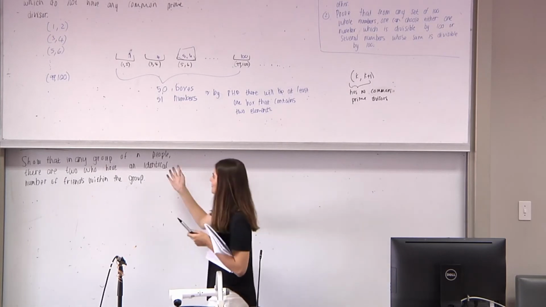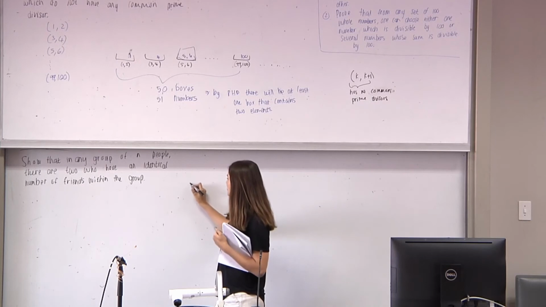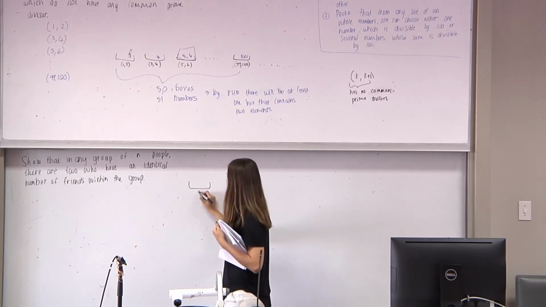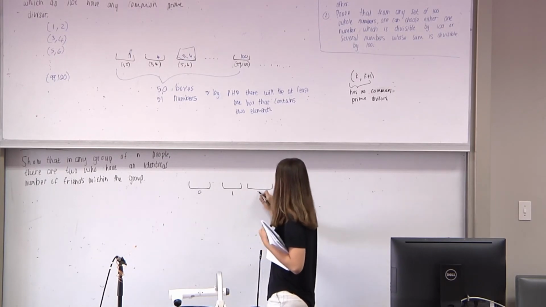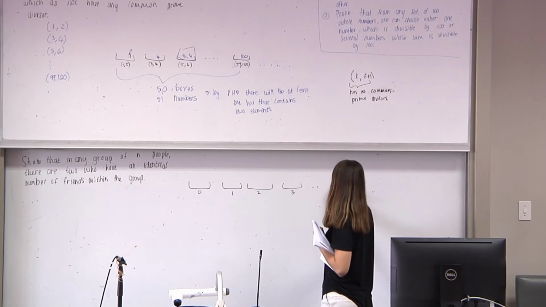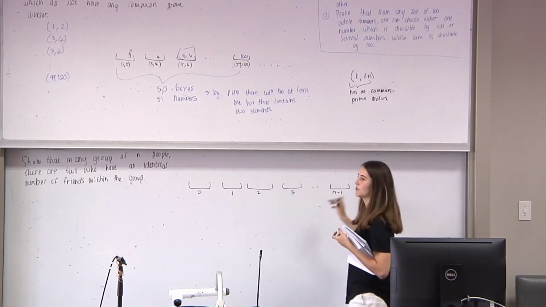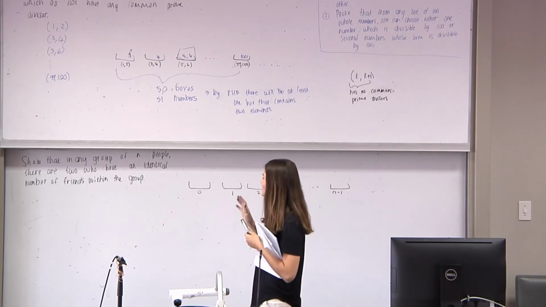Okay, so you can also have 0 friends. So the boxes I would naturally want to go for is people with 0 friends, people with 1 friend, people with 2 friends, 3 friends, until n minus 1 friends, because you can't be friends with yourself. Well, you could, but yeah.